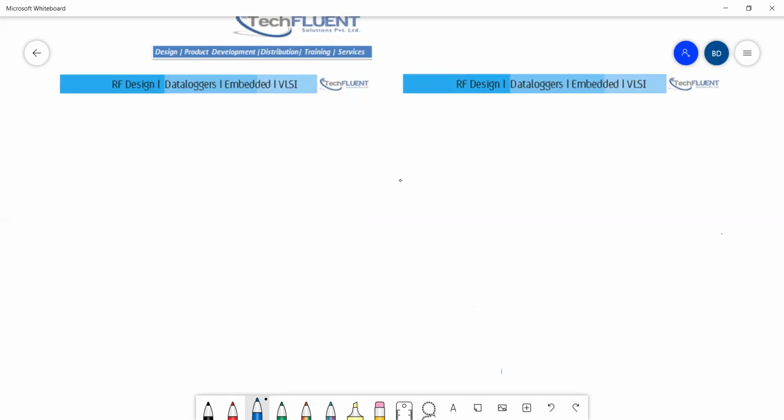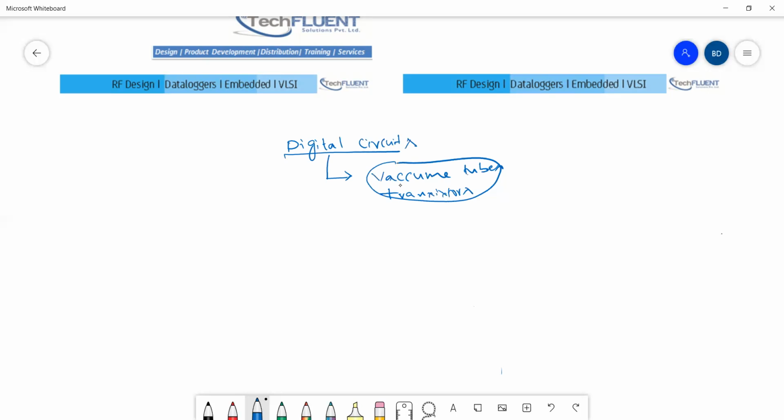Digital circuits have become an emerging subject in the last 30 years. Earlier, these digital circuits were designed by using vacuum tubes or by using transistors. When the circuits were designed by these vacuum tubes and transistors, there were many flaws.